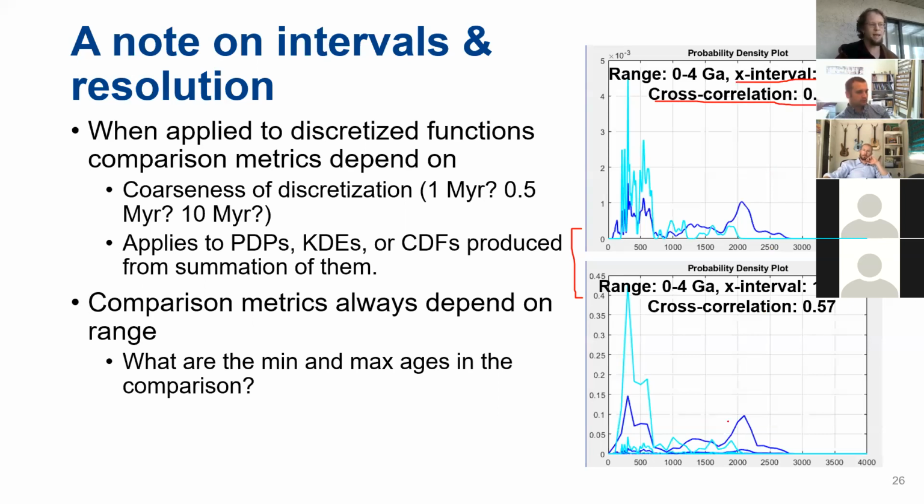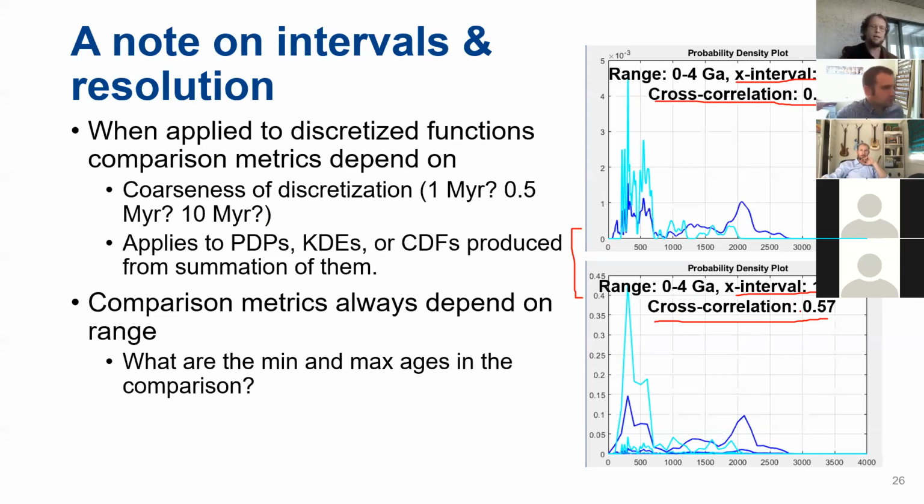If we take that same data and discretize it at 100 million years, so a probability data point every 100 million years, we wind up with a different cross correlation coefficient, and actually a higher one. So it's suggesting that if you discretize this differently, they appear more similar than if you look at the details. So be aware that how you discretize these can be a factor in your cross correlation coefficient.